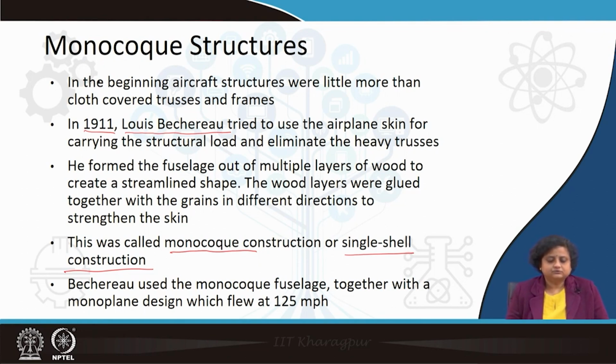In his design, he made the fuselage out of multiple layers of wood to create a streamlined shape. The monoplane designed by Becquerel using this monocoque structure could fly at a speed of 125 miles per hour, which was a big leap from those developed earlier, which were flying at an average of 50 to 60 miles per hour.